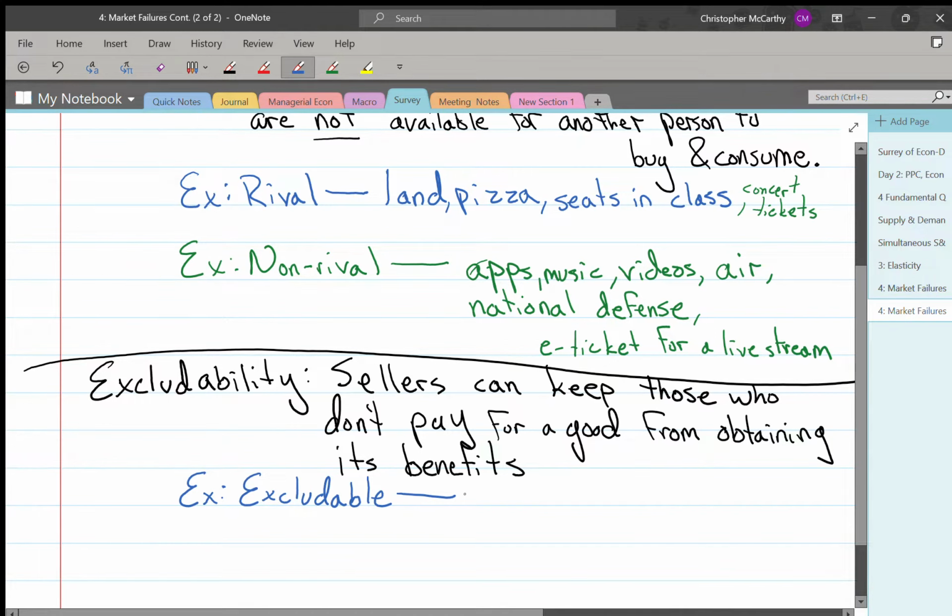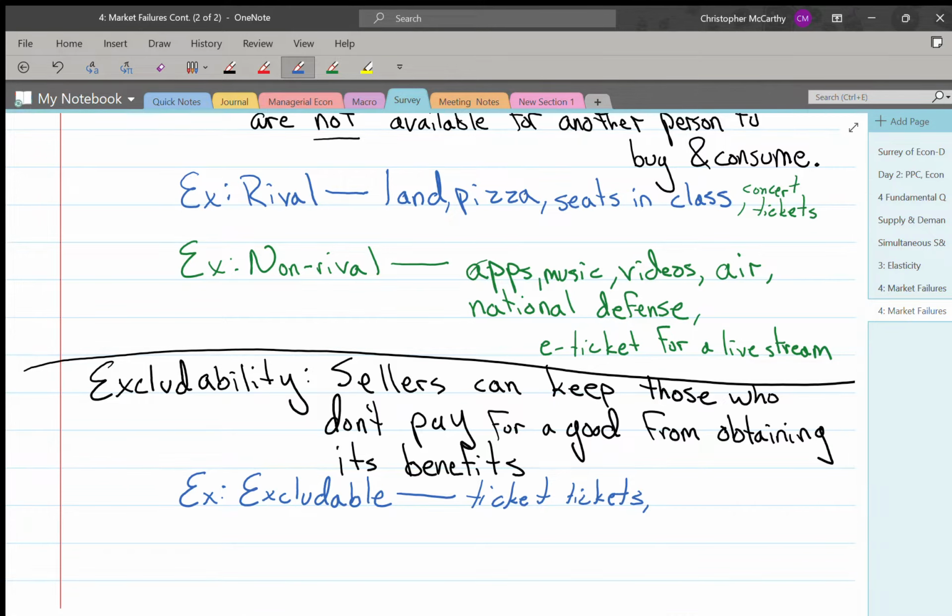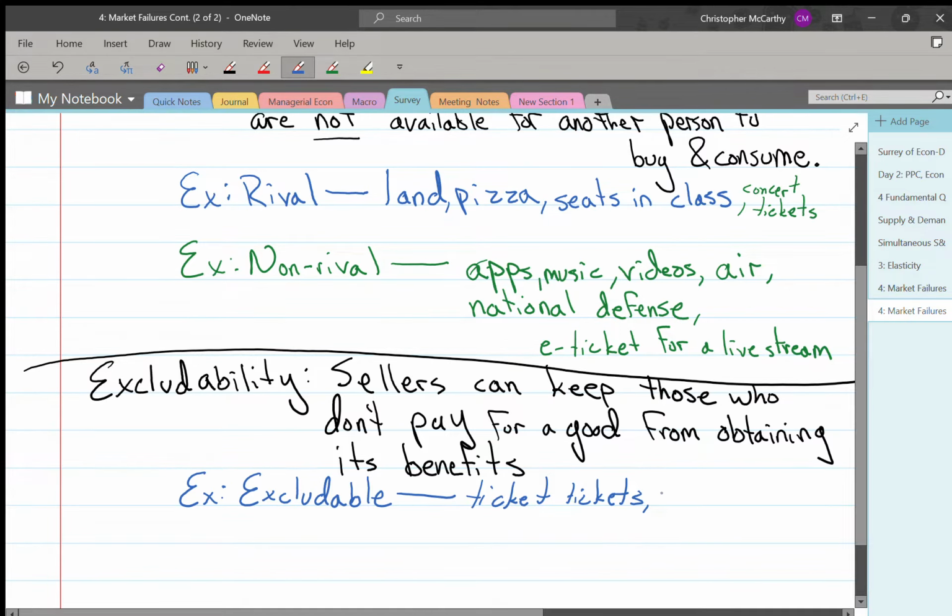You can't get into the concert without a concert ticket. What else is excludable? The one that we talk about a lot is country clubs. Those are excludable by definition.